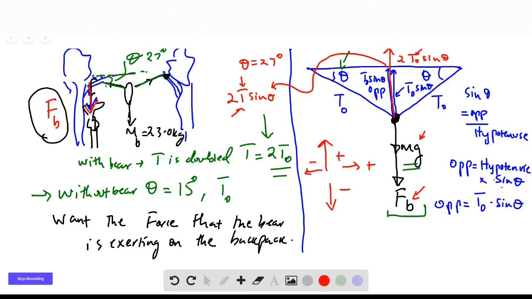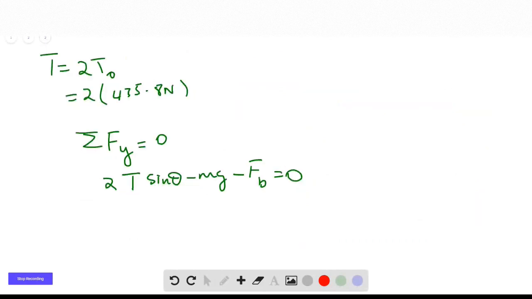The tension T naught is the one responsible for dipping the string at an angle of 15 degrees with the horizontal, but the tension T, which is the second tension, is responsible for dipping the angle at 27 degrees. So again, our goal is to solve for the force by the bear. So we move things around and see that this is going to be mg minus 2T sine theta.